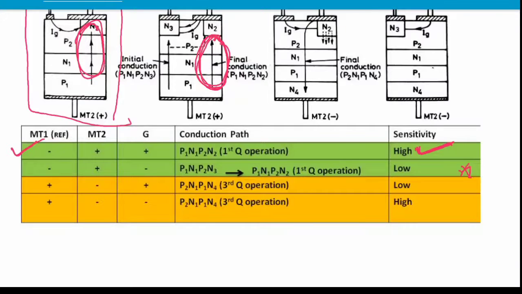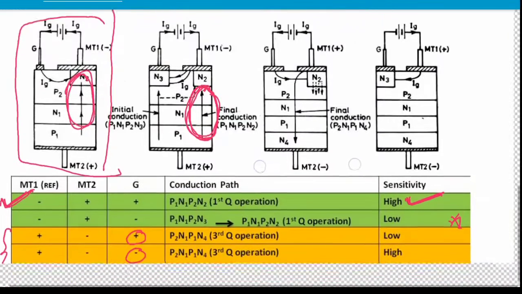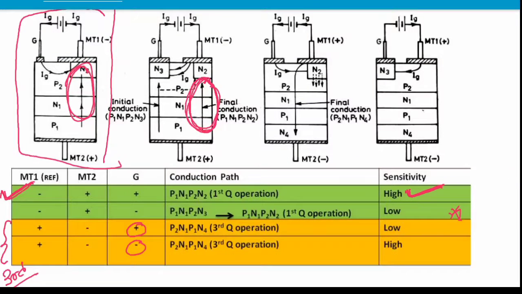This is the first condition, and the next two are where MT2 is provided with a negative signal with respect to MT1 with both positive and negative gate signals. First is positive and second is negative. These are the third quadrant operation. Here also the direction is constant, that is P2 N1 P1 N4.